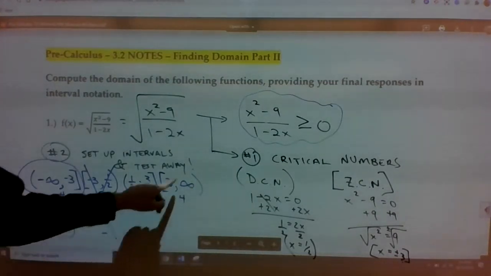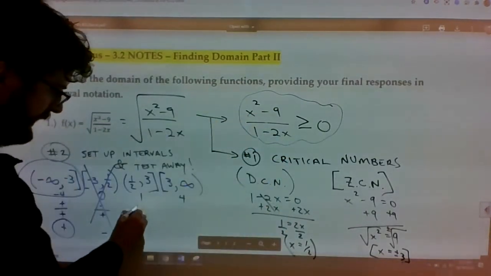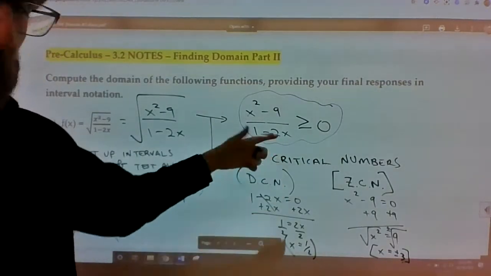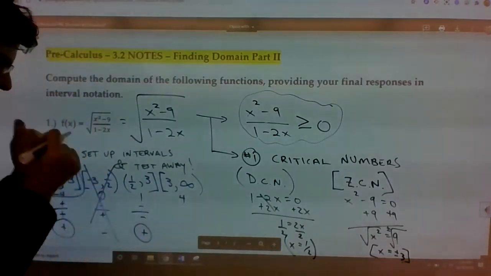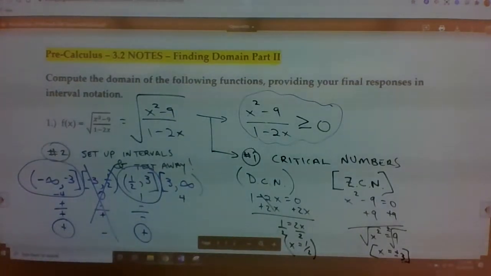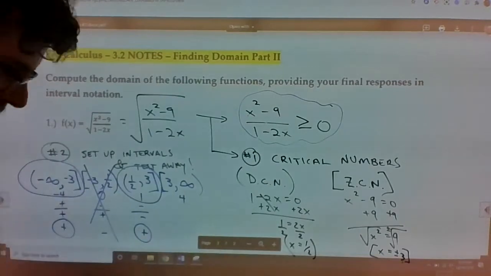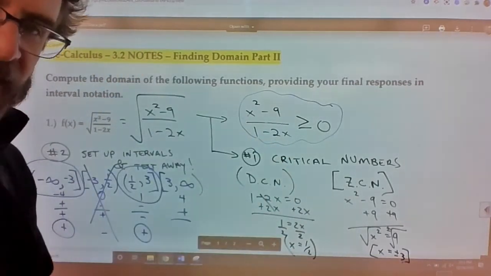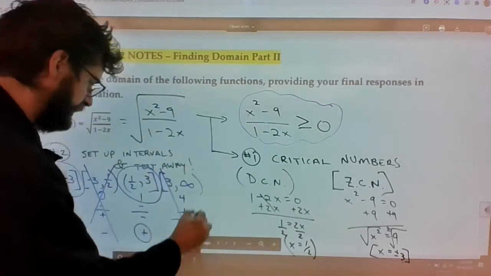All right, again, plug in 1 for wherever you see an x. 1 squared minus 9 is negative, divided by 1 minus 2 times 1, 1 minus 2, negative 1. That's also negative, so positive, it should be inside the domain. And then last but not least, 4 squared is going to be 16 minus 9, positive, divided by 1 minus 2 times 4, that's certainly going to be a negative value. So a negative doesn't work.